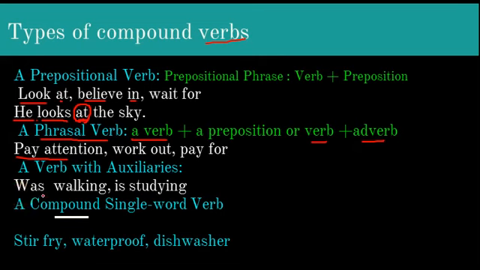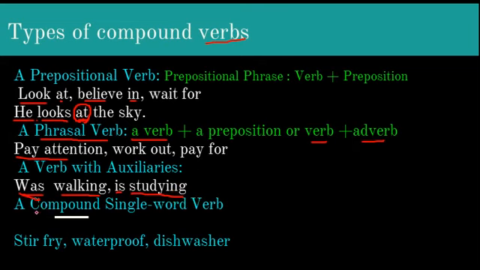For example, in this one, walking is the helping verb or auxiliary verb, and studying is the main verb. The main verb indicates the kind of action or condition taking place. An auxiliary or helping verb accompanies the main verb.